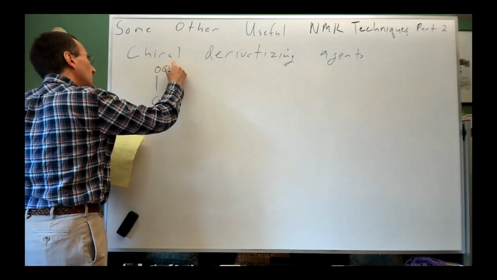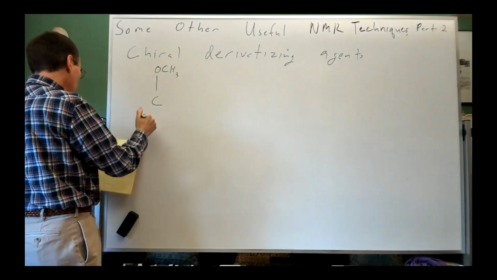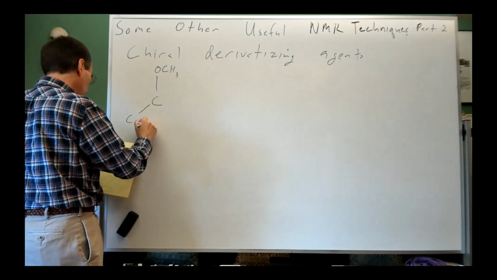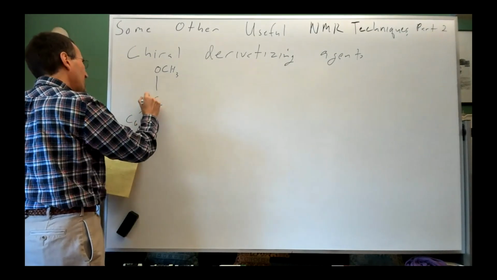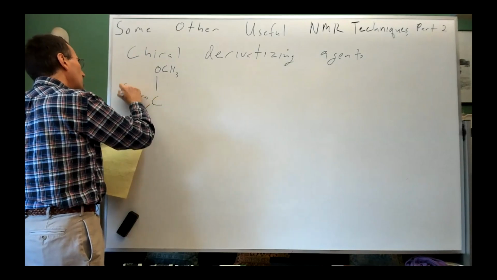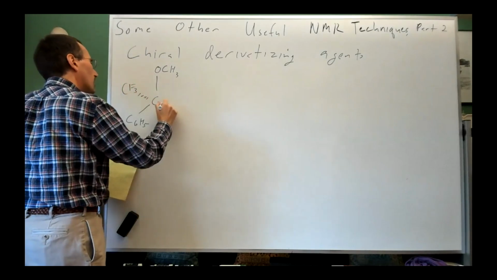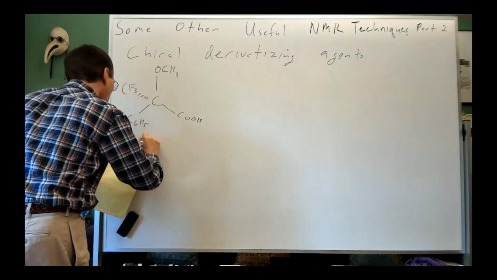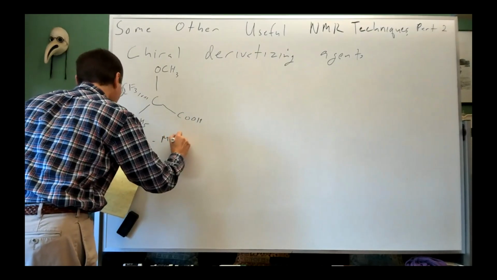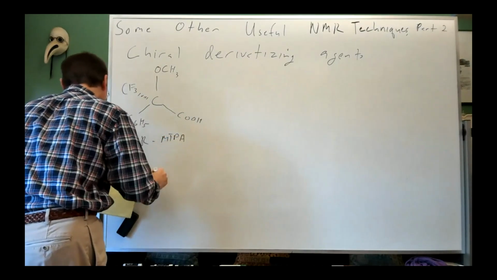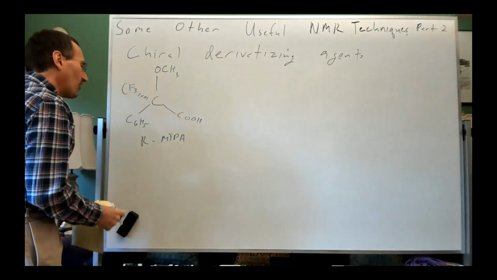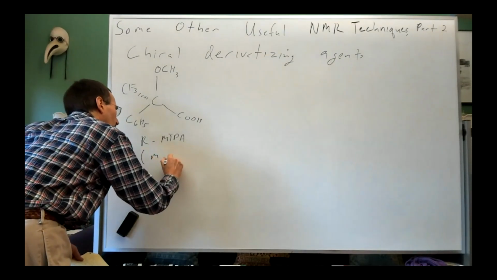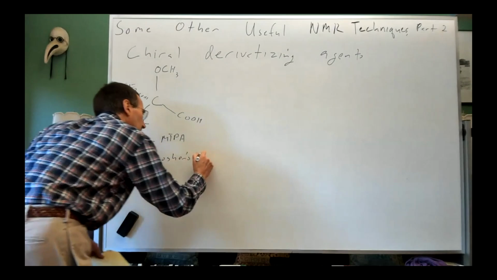One of these is called MTPA, or more commonly referred to as Mosher's acid, or Mosher's esters, or what you make. So this is MTPA, methoxy alpha trifluoromethyl phenylacetic acid, but as I said, commonly referred to as Mosher's acid.